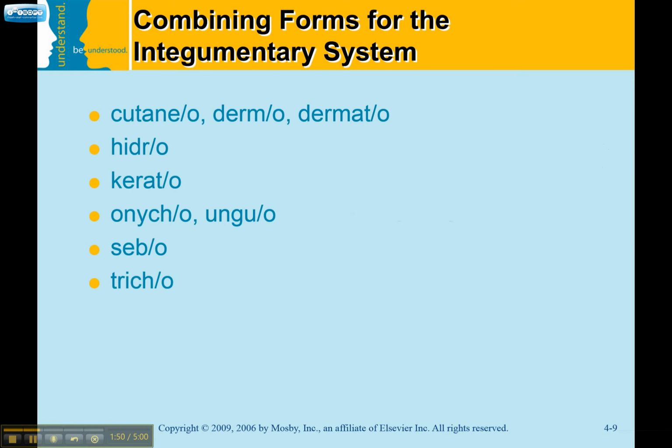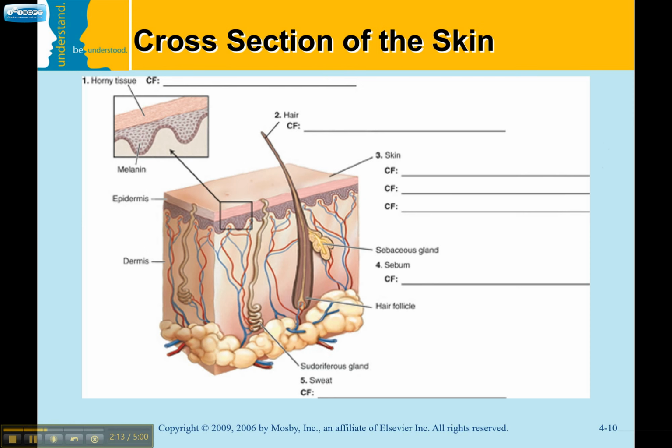Remember, the structures and their definitions, the combining forms, and the prefixes and suffixes will all be used and covered on the quiz. So here are combining forms: cutaneo, dermo, dermato, hydro, kerato, onycho, unguo, sebo, and tricho.